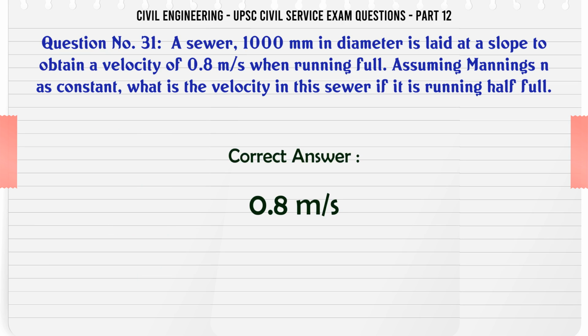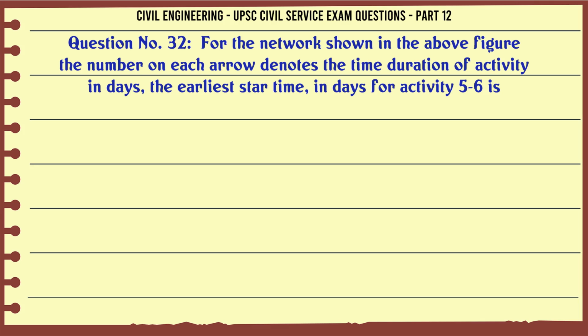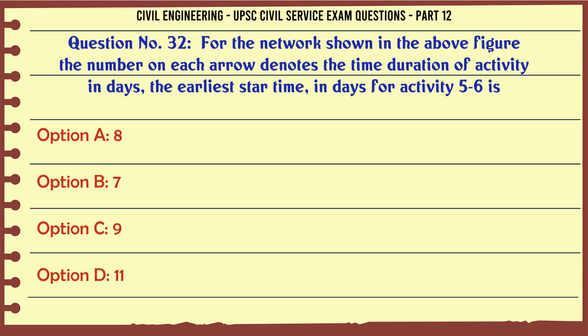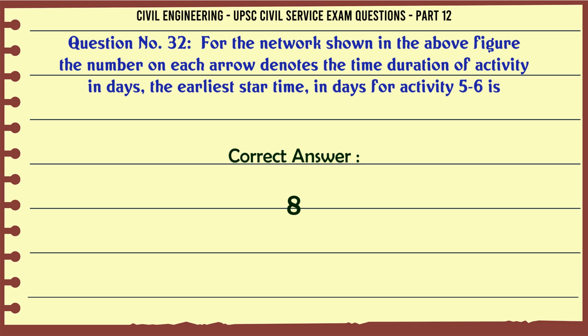The correct answer is 0.8 m/s. For the network shown in the above figure, the number on each arrow denotes the time duration of the activity in days. The earliest start time in days for activity 5-6 is: A. 8. B. 7. C. 9. D. 11. The correct answer is 8.